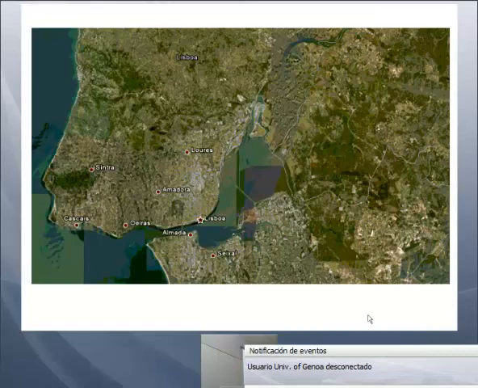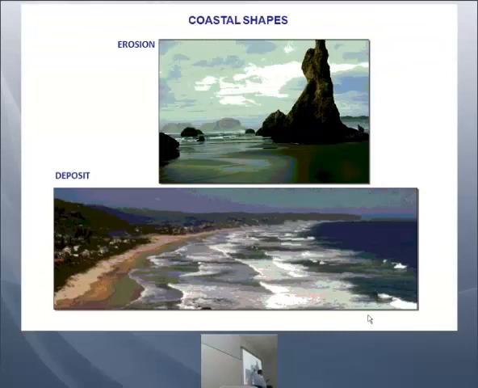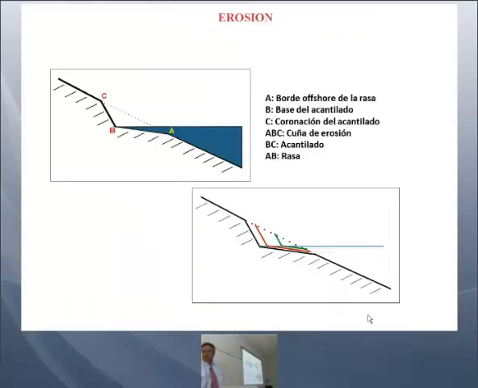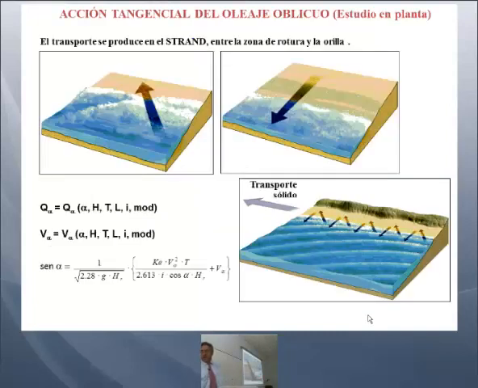And you cannot look at the coastline in the same way if it is an erosion coastline or if it is a sedimentary coastline. There are two completely different approaches to the problem. Well, I will not go through it, but just to remember, you have to remember that there are two ways.